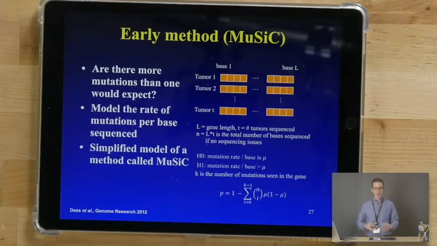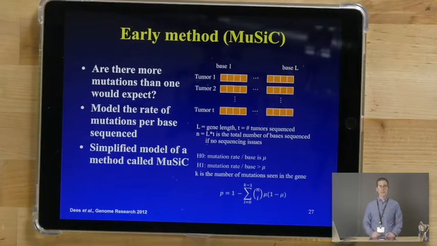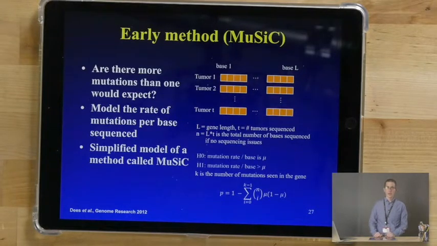So now we get into trying to understand how one does this statistical test to implicate cancer driver genes. One approach is simply asking the question: are there more mutations than one would expect by chance in a gene? One early method that did this is called MuSiC, developed at Washington University in St. Louis.